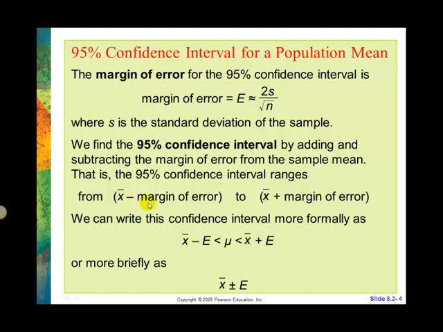We can write it like this, or sometimes we say x bar plus or minus e, where e is the error, calculated through this. Now 95%, because remember 2 standard deviations is 95% of the data, that's where that comes from.